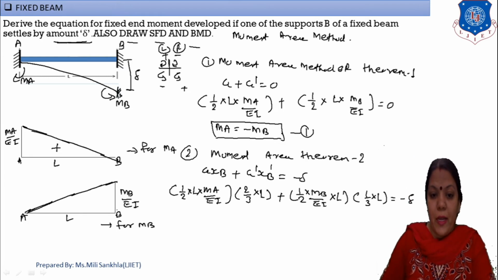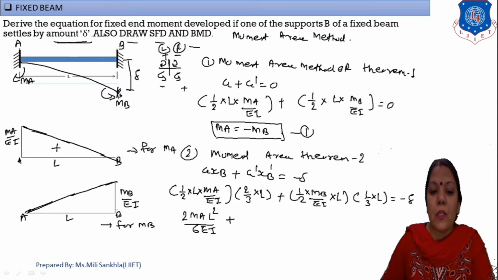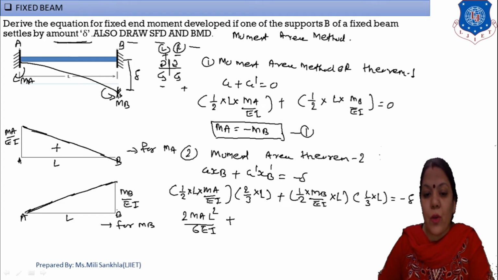Now multiply this. First answer is 2 MA L square by 6 EI, and second is MB L square by 6 EI, equal to minus delta.